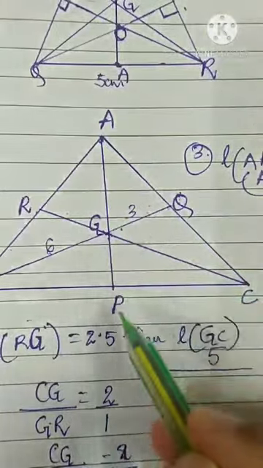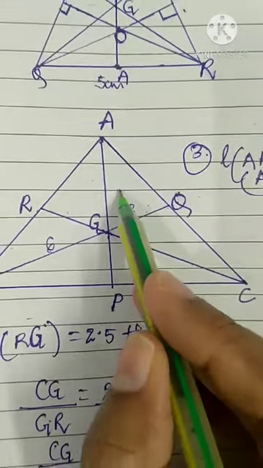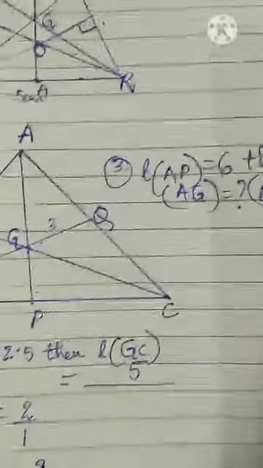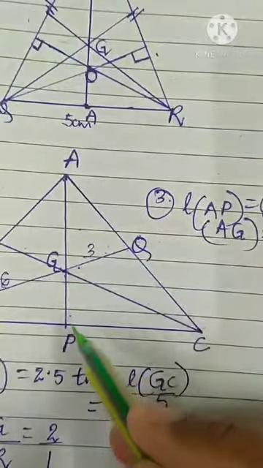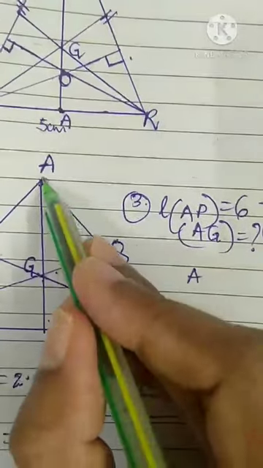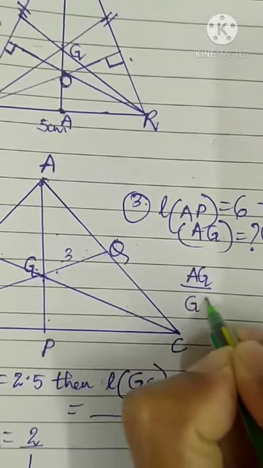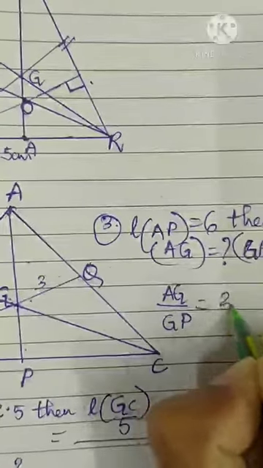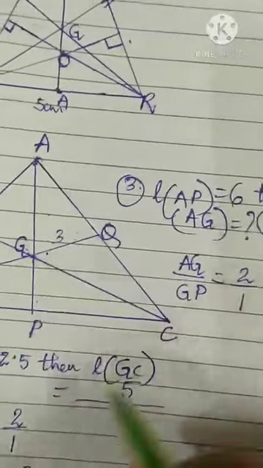The whole thing is 6. So how will you divide it in the ratio 2:1? Apply your mathematical skills. If whole AP is 6, and we know the ratio from the vertex, AG upon GP should be 2:1. So how will you divide that 6 in the ratio 2:1?